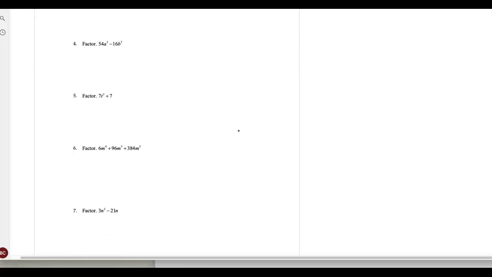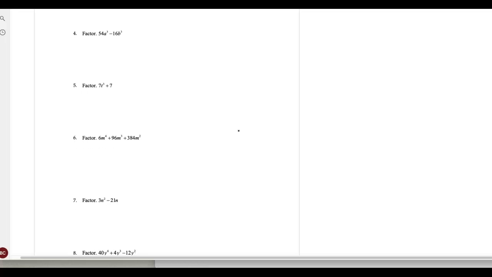And I want to look at just a few other types here. I am focusing on factoring a lot just because so much of what we're going to be doing is factoring. We're not going to do all of these here.